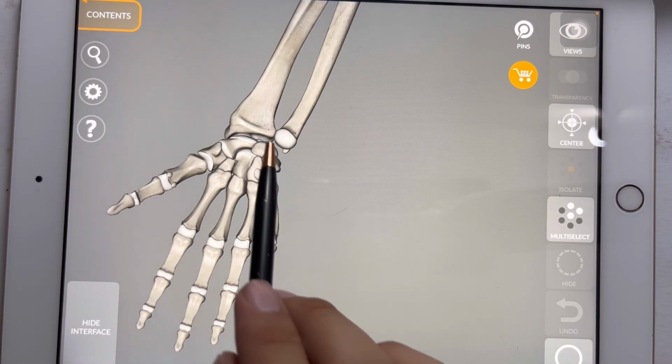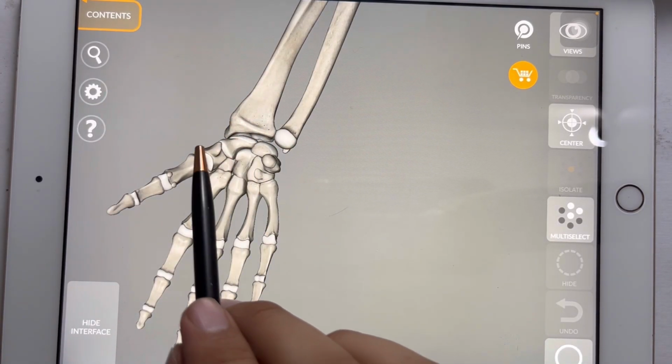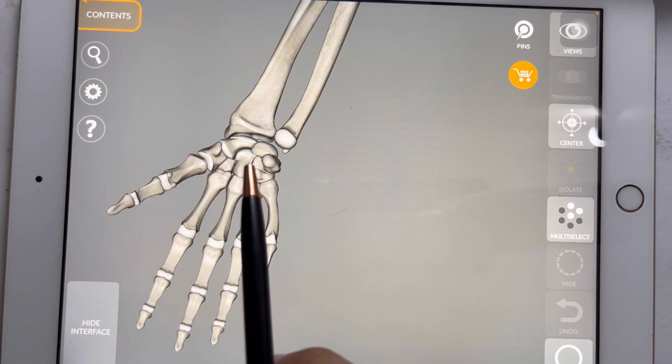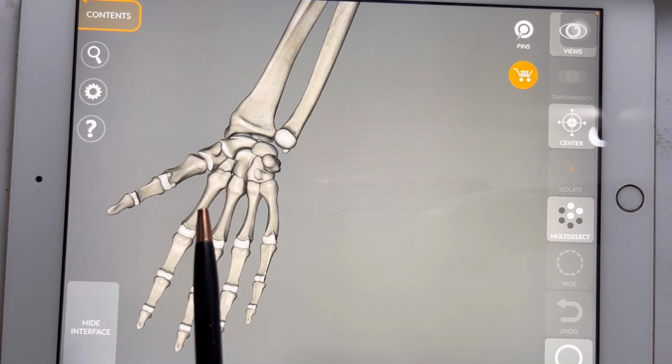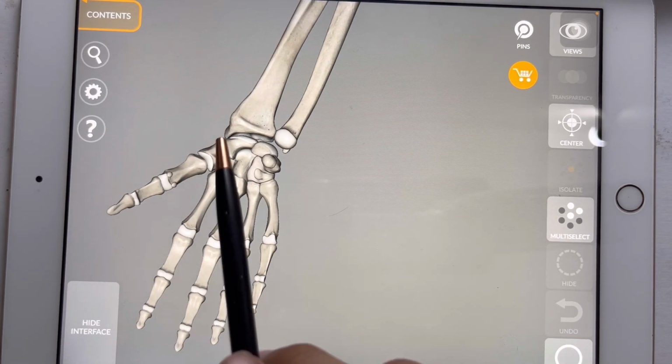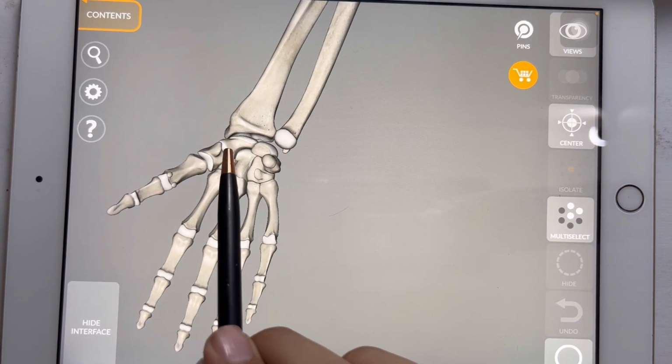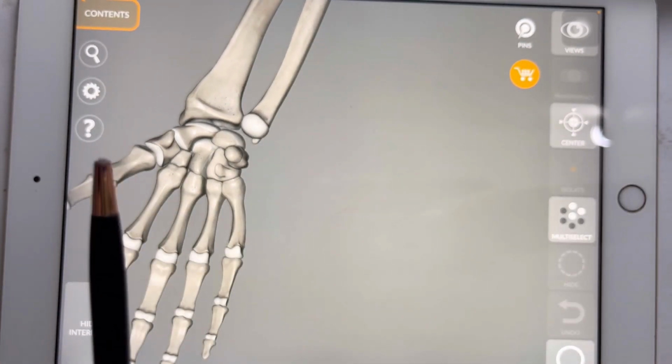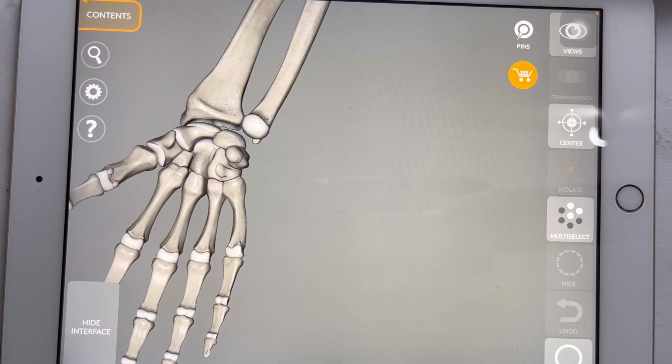Now student, moving toward the wrist region. Student, the wrist region has a total of 8 bones. These bones are called the carpal bones. Student, these bones are arranged in 2 rows, the proximal row and the distal row.